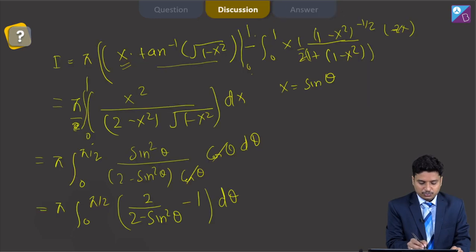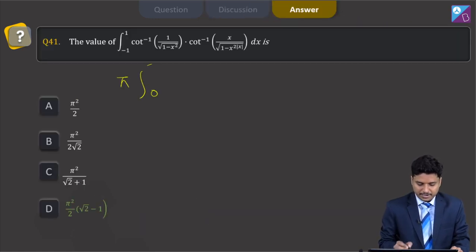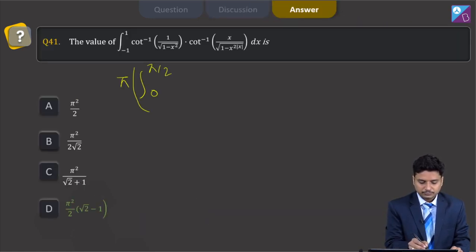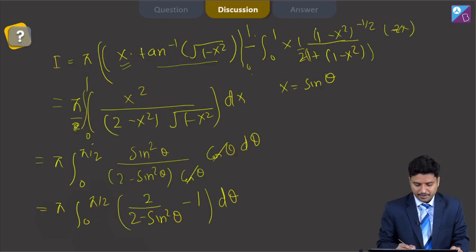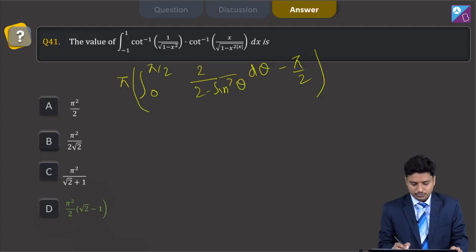Integral 0 to pi by 2, 2 upon 2 minus sine square theta d theta, minus pi by 2 will be there. Pi by 2 for integration of 1 with limits 0 to pi by 2.